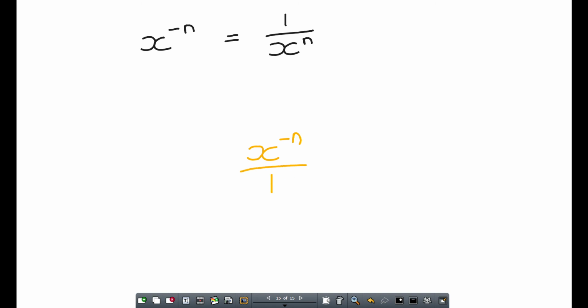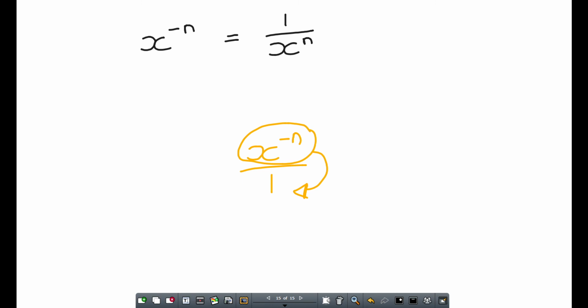If you want to change a negative exponent to a positive, all you do is put it on the other side of the fraction. So if it was at the top, you move it to the bottom of the fraction, and then can you see the exponent is positive? And if it was at the bottom and it's negative, you move it to the top, and it becomes positive.